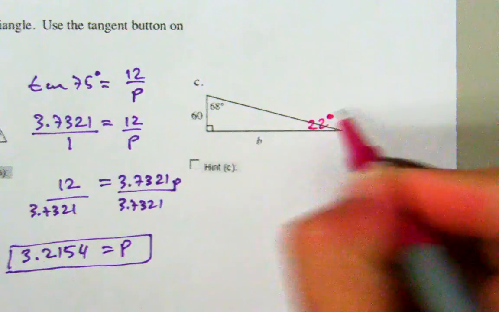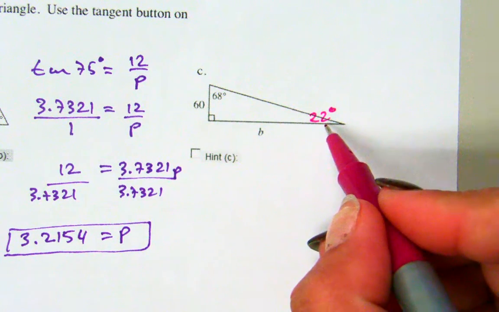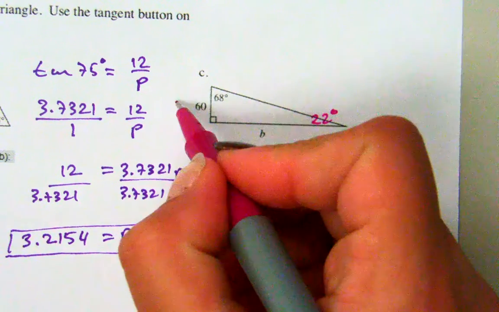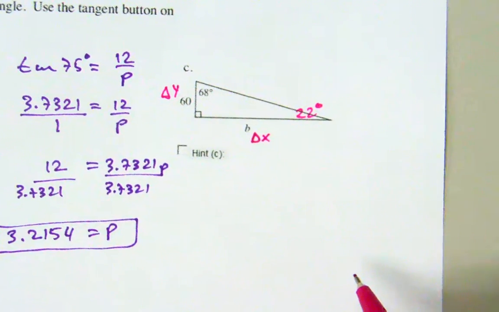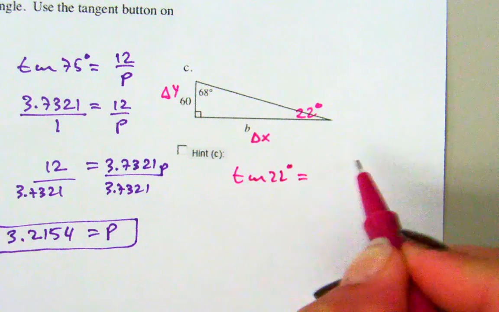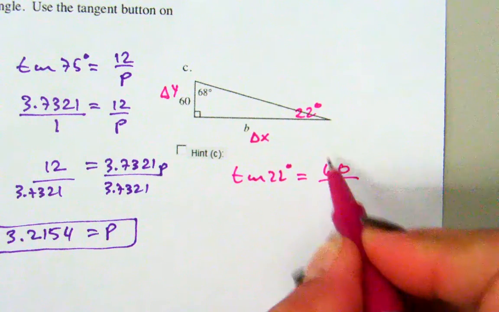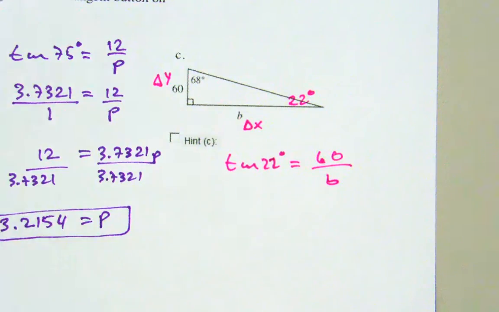Okay, all right. So now I have 22 degrees, right? So with 22 degrees, this would be my change in y, and this would be my change in x. All right, so we have tangent of 22 degrees equals 60 over b. Okay, and you can pretty much solve it from there.